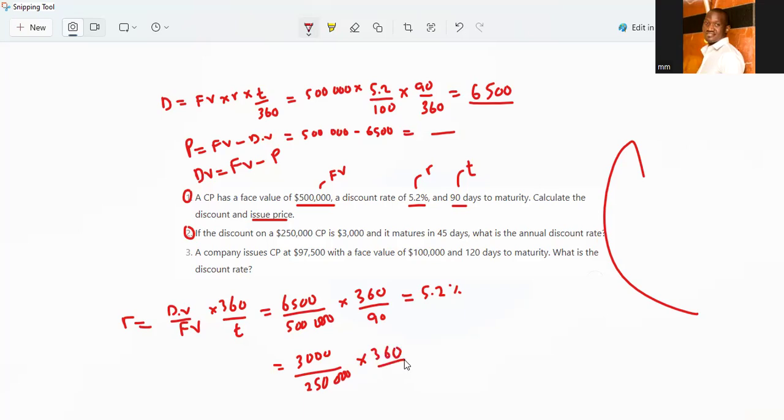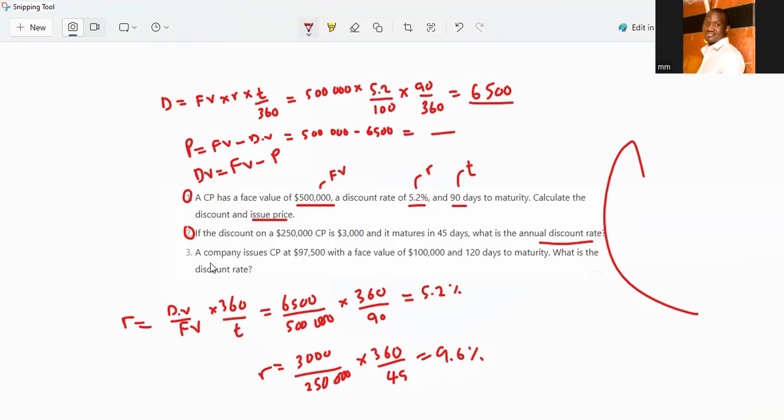How many days to maturity do we have? 45 days. So when you calculate that, you get your annual discount rate as 9.6%. Annual discount rate is given by the discount value over face value times 360 over time.